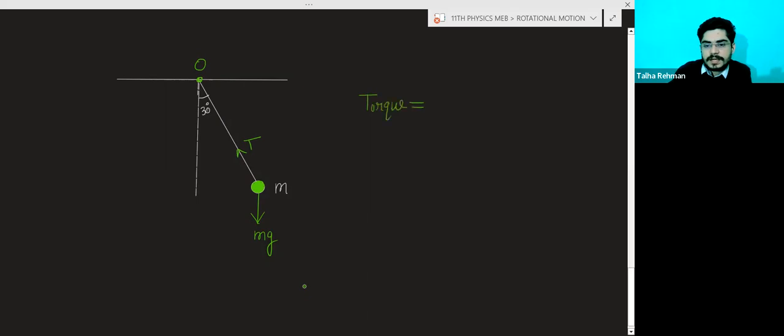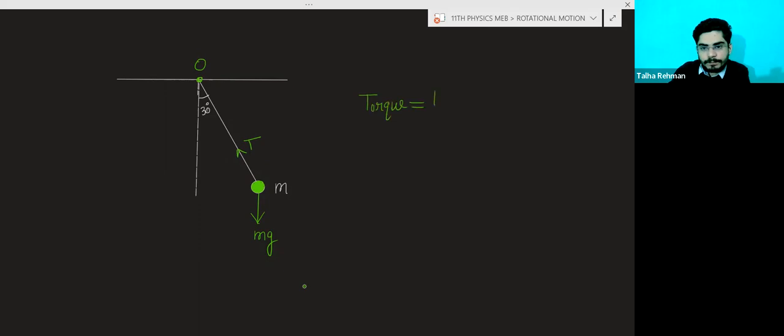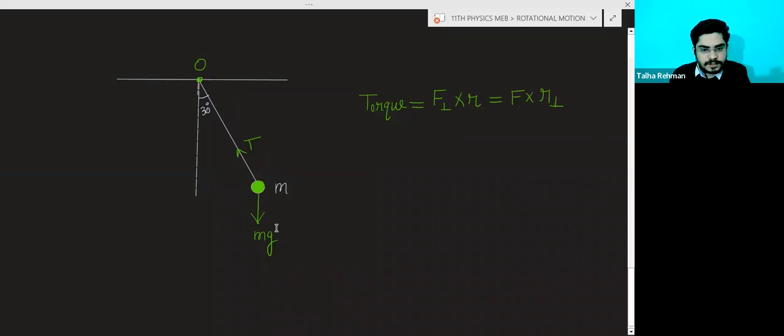Torque is given by either force times perpendicular distance, or you can write force into perpendicular distance. Two meanings are there. Now you can see this is a force, and now you can take the perpendicular distance from the axis of rotation.